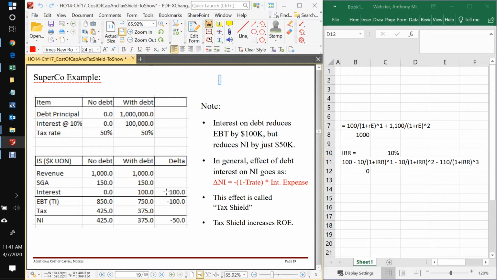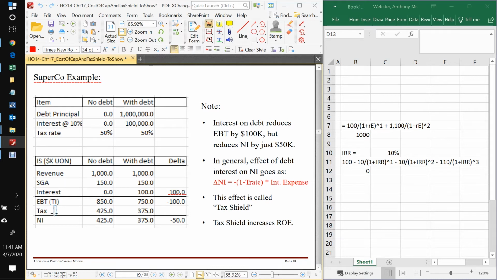So we get down here and we see that in the case with debt, the company does have this additional expense of 100, right? Using my K units here. And that's going to mean that its earnings before tax is 100 less than it would be with no debt. So you see we have 750 versus 850. Okay, and then we go ahead and we take the tax rate.